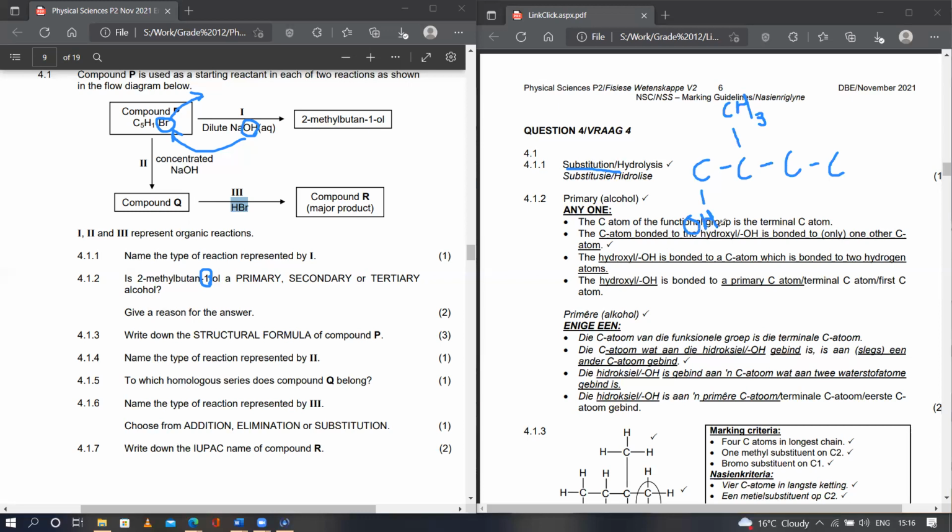So if you look at it, the first carbon is only attached to one other carbon. If this was here, then it would be attached to 1, 2, 3 more carbons. It would be a tertiary alcohol. But since it's only attached to 1 carbon, it's gonna be a primary alcohol. I'm sure you understand that part. So do you understand that part? Yes, sir. Okay. So that's why they say it's a primary alcohol.